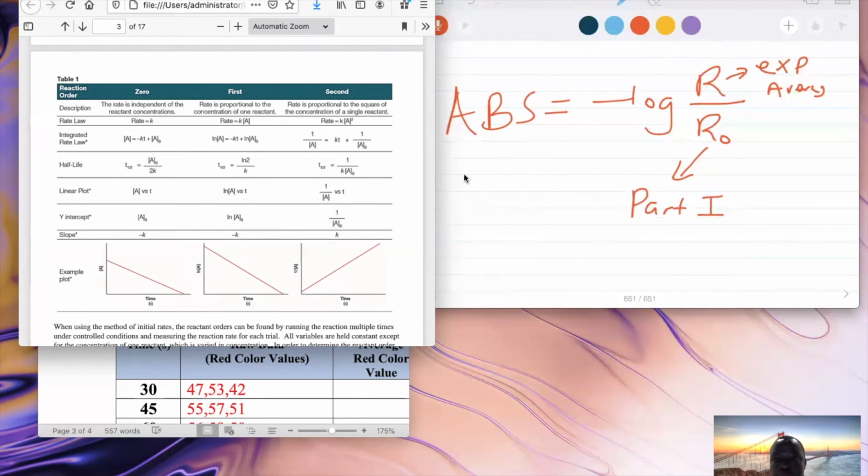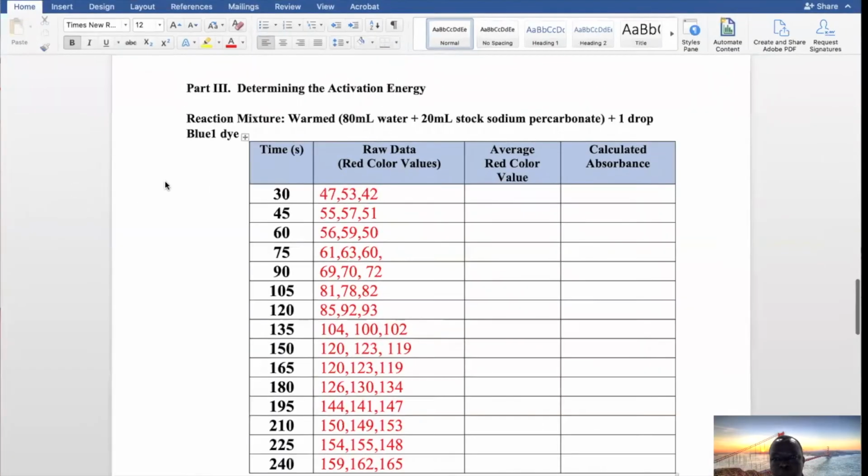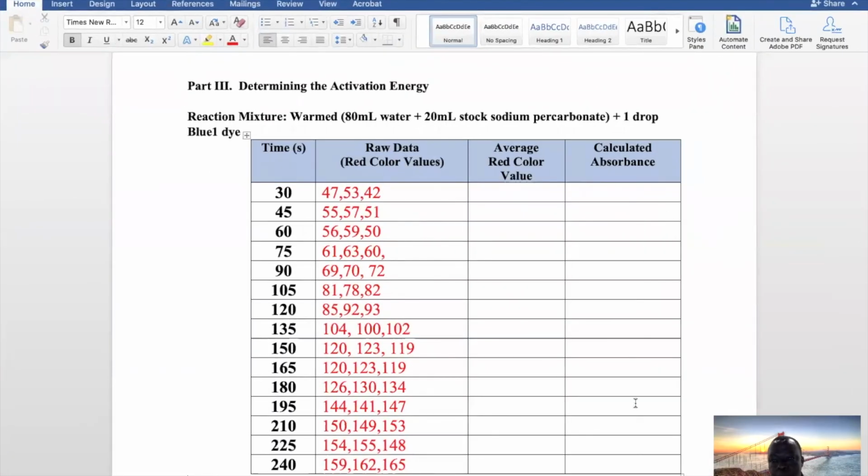Please have the title of your graph. It is a plot of absorbance versus time, and on the x-axis indicate time in what? Is it days, minutes, or seconds? So you should have that. The point here is once you collect the data, you will plot this data.